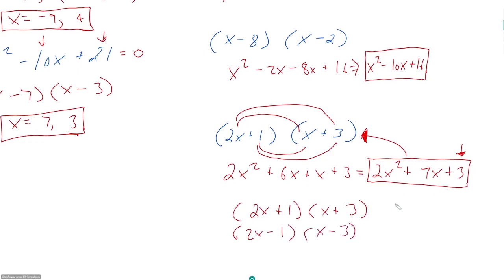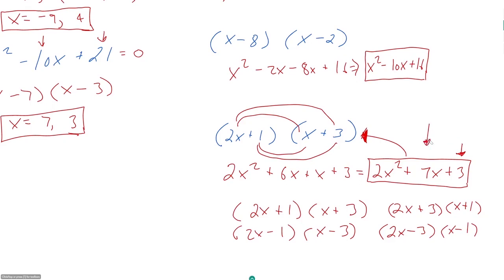Then we can also have 2x plus 3 times x plus 1, or 2x minus 3 times x minus 1. In order to figure out which one of these is right, you would have to multiply these all out and see which one of them gets you back to here.